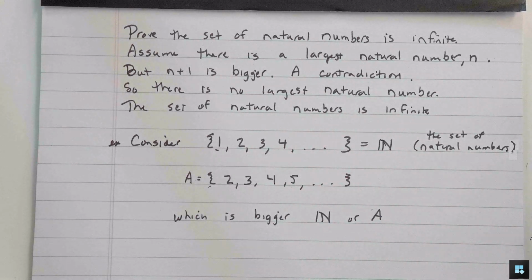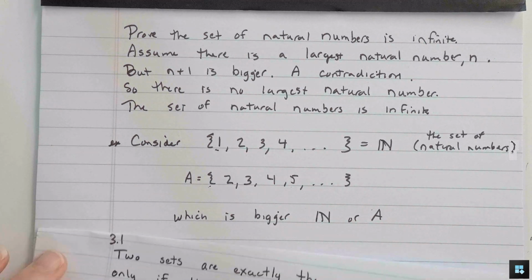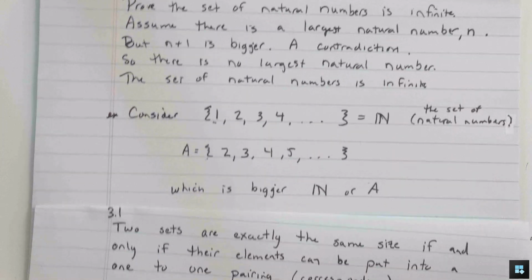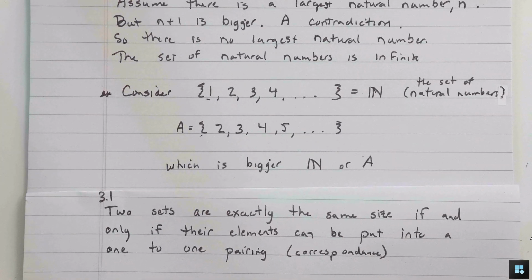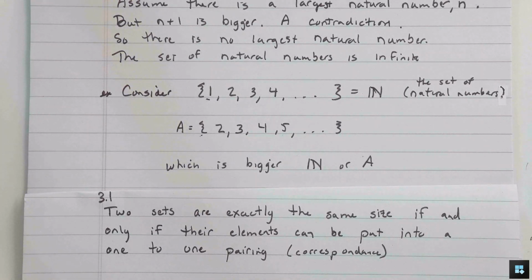Let's go back to our definition. Two sets are exactly the same size if and only if their elements can be put into a one-to-one pairing, or a one-to-one correspondence.